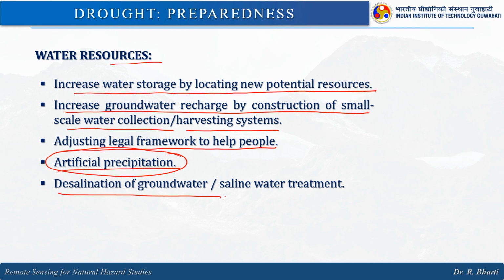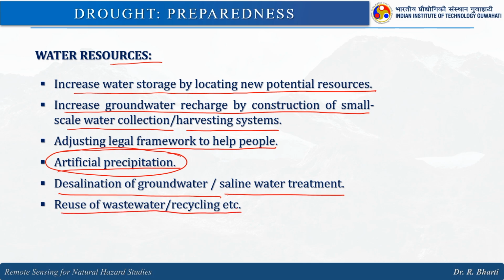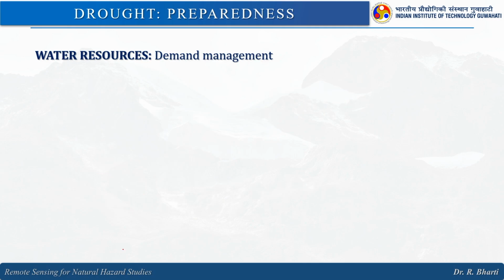Then desalination of groundwater, especially in the coastal region, saline water treatment, reuse of wastewater or recycling, etc. And when we talk about demand management, there is reduction in uses and losses.